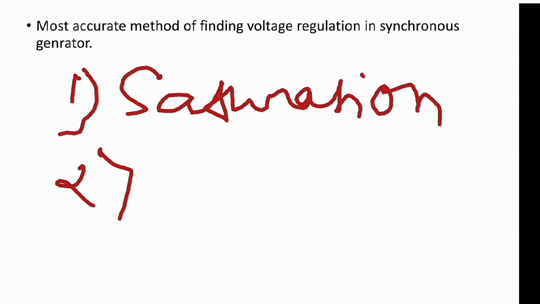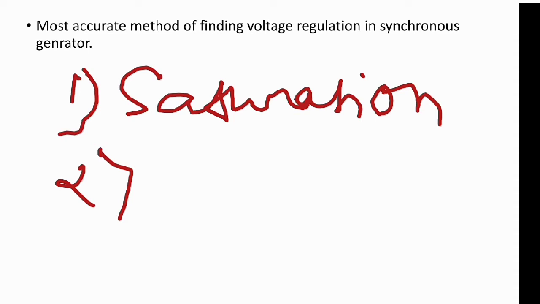The second one is in the previous methods, EMF, MMF or ZPFC. We only get the voltage regulation of a synchronous generator that is limited to the cylindrical rotor type.